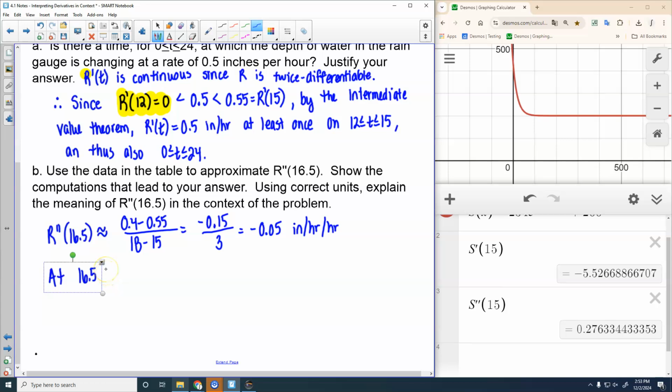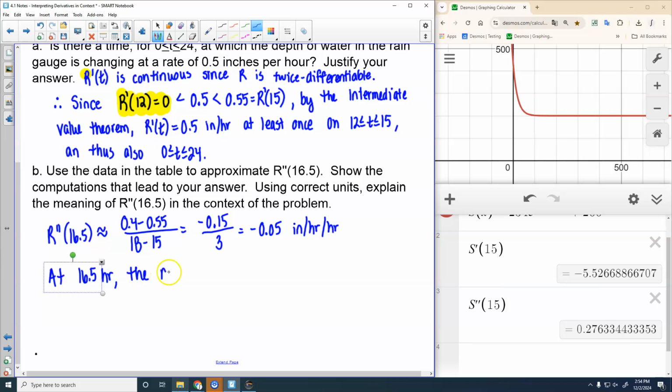Is this hours? Yeah, hours. Now we're doing a second derivative. So r is water in the rain gauge. R prime is rate of change of the water in the rain gauge. R double prime is rate of change of the rate of change of water in the rain gauge.